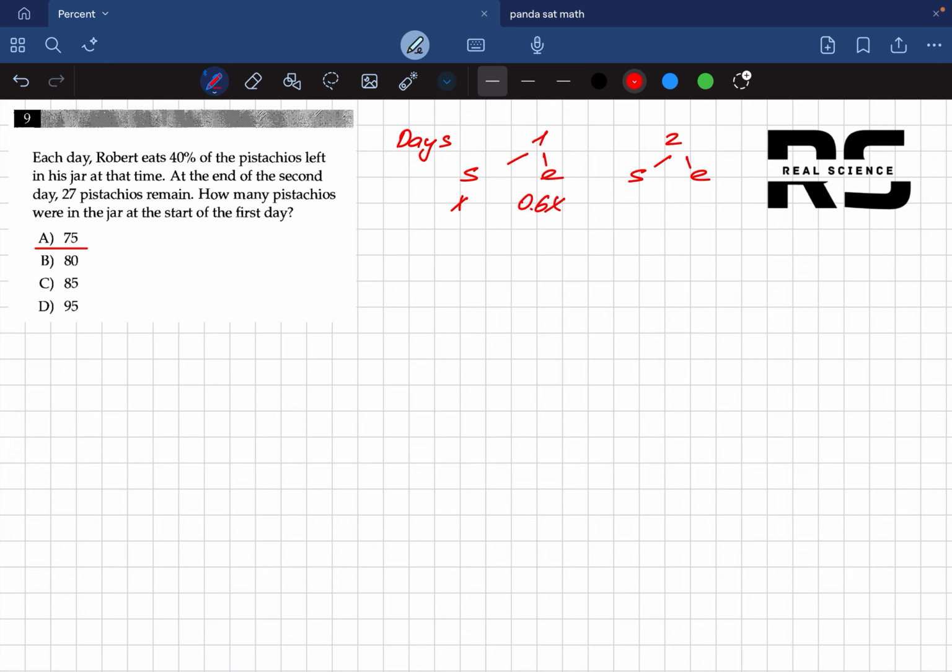So at the beginning of the second day he had 0.6X, and after he ate 40% more, meaning he ate 40% of 0.6X, so 0.4 times 0.6X, he is left with 27. This would be our answer. Now let's just calculate that. Let's divide 27 by 0.4 times 0.6. And this would be our answer.